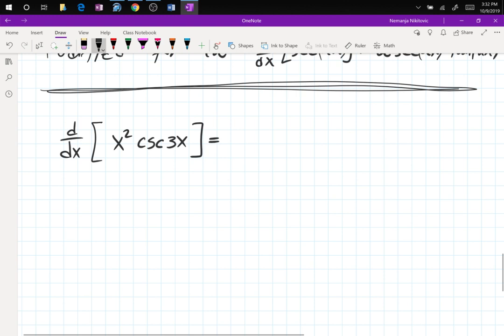So for product rule, we copy x squared and take the derivative of the cosecant 3x, which is going to be negative 3 cosecant 3x cotangent 3x, and then plus copy cosecant 3x and multiply by the derivative of the first, which is 2x.